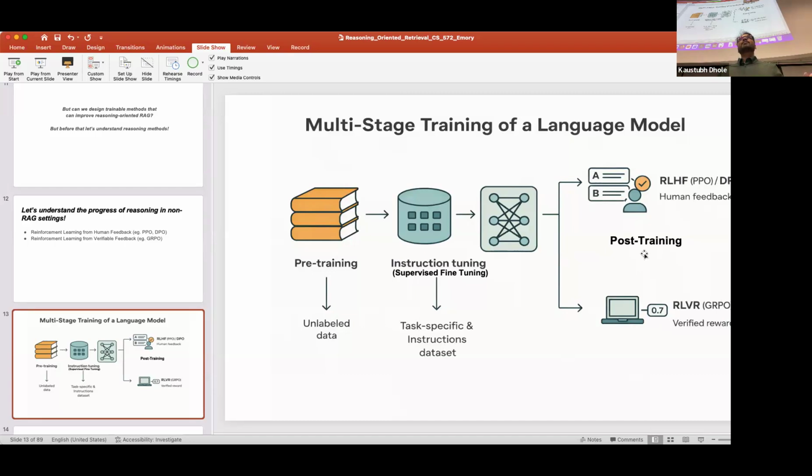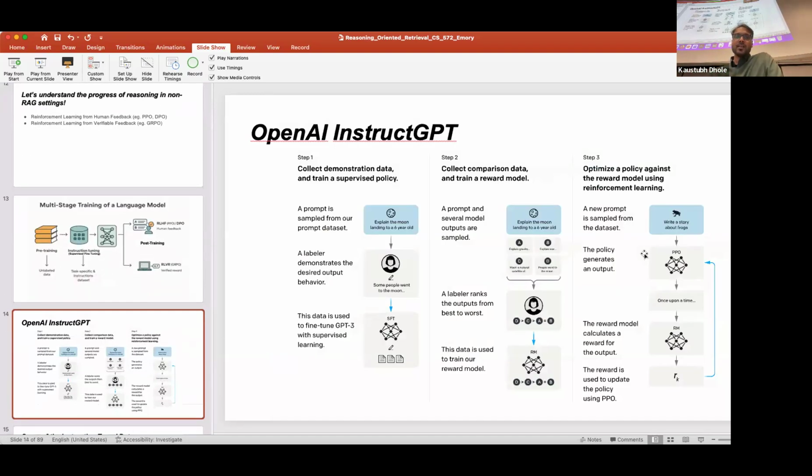For instance, if you're writing a code generation model, your success criteria is basically whether the code executes properly or not, or whether the code passes these test cases or not. So that is the verifiable rewards part of it. So you don't really need a human. You of course need a human to write that reward function, but you don't need a lot of human annotated data. So we'll look at that.